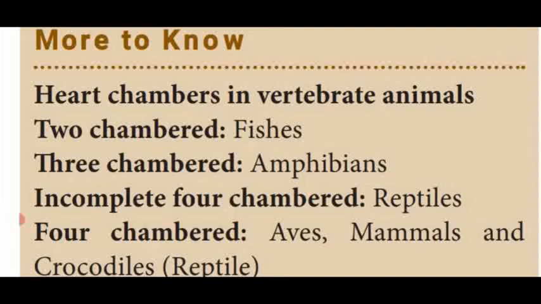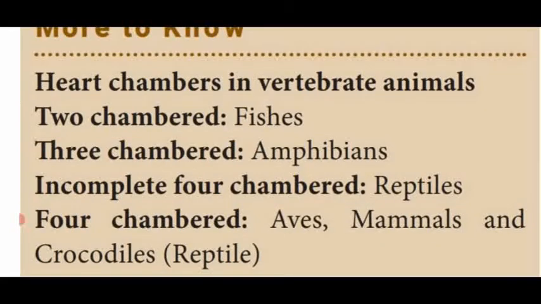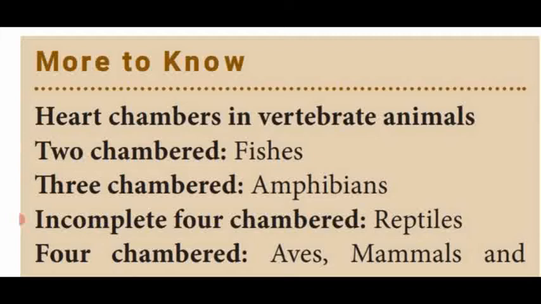Fishes 2, amphibians 3, reptiles incompletely 4-chambered, then completely 4-chambered in birds and mammals, and one kind of reptile named crocodile having a 4-chambered heart. So this is an important 1 mark question, that is heart chambers in vertebrate animals.